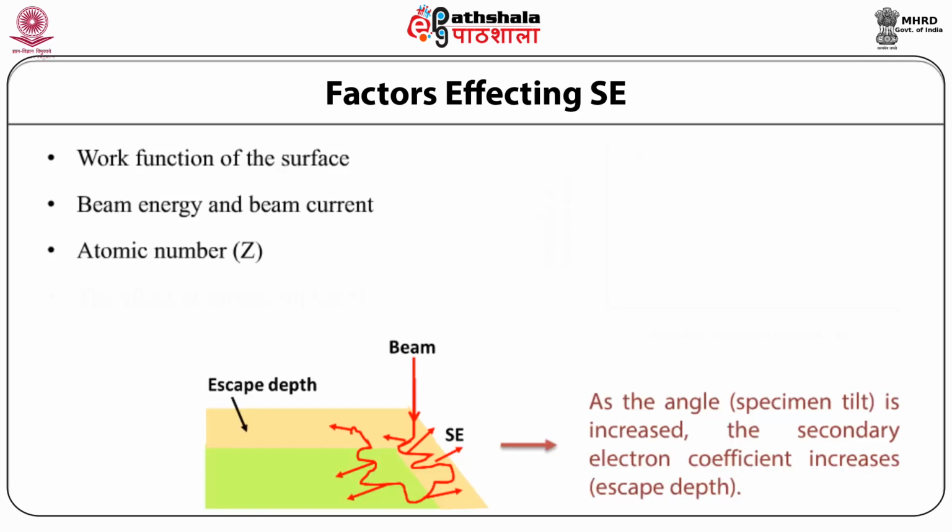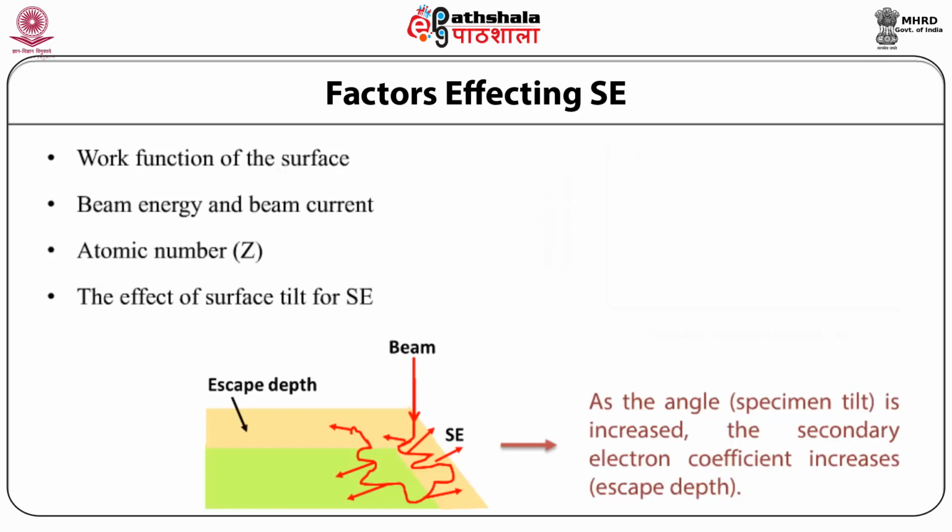The fourth factor that is affecting is the effect of surface tilt for secondary electrons. In areas where the surface is tilted relative to the incident beam, the electrons travel greater distances in the region close to the surface of the specimen.